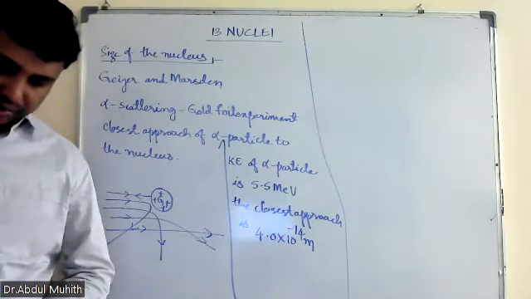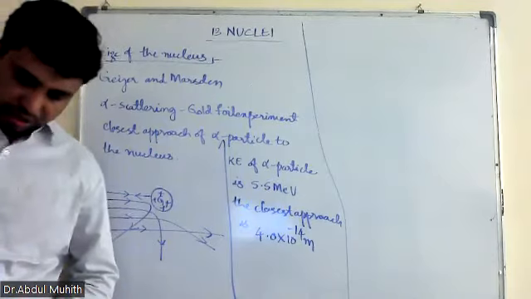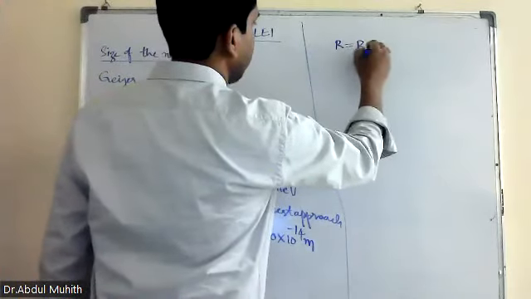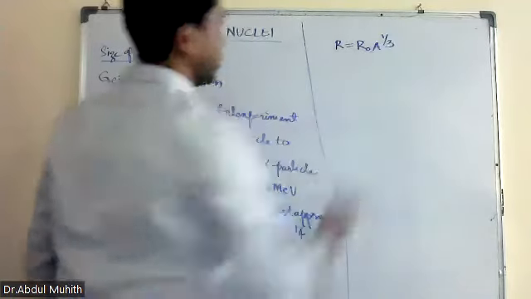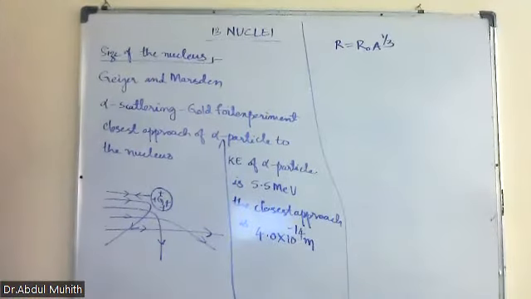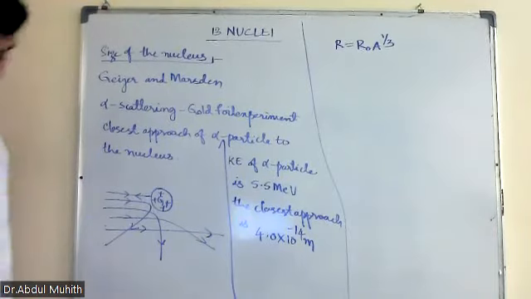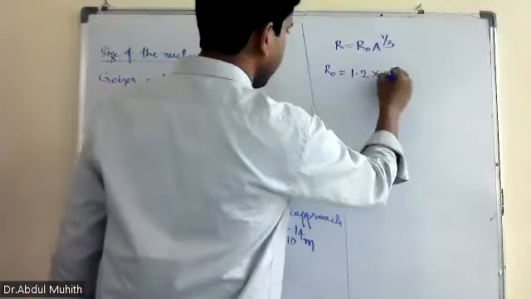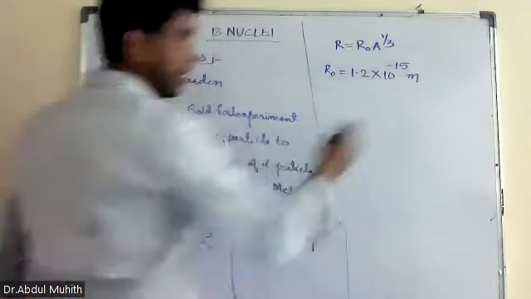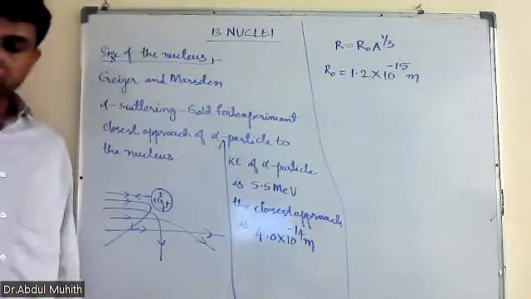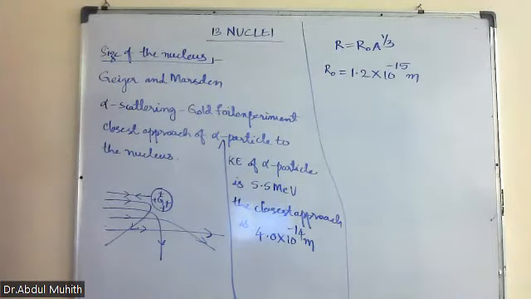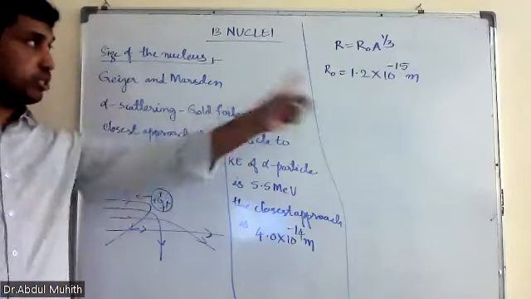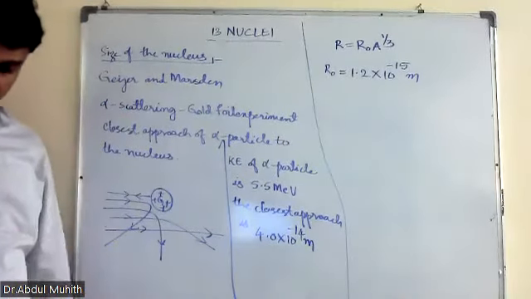So with that, they found out that there is a formula for the radius. R is equal to R naught into A to the power of 1 by 3. What is R naught? R naught is 1.2 into 10 to the power of minus 15 meter. In the previous chapter we studied the radius of the first orbit.